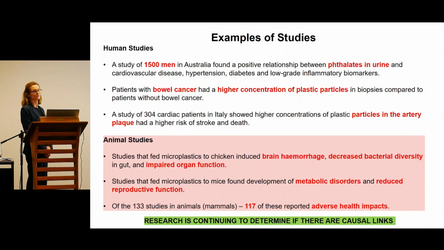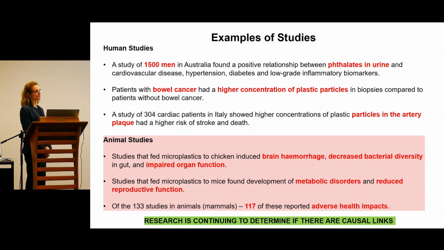I must note though that there haven't been a lot of human studies completed trying to find that causal relationship, and that research is still continuing to see if there is any potential health effects, because it's simply unknown.